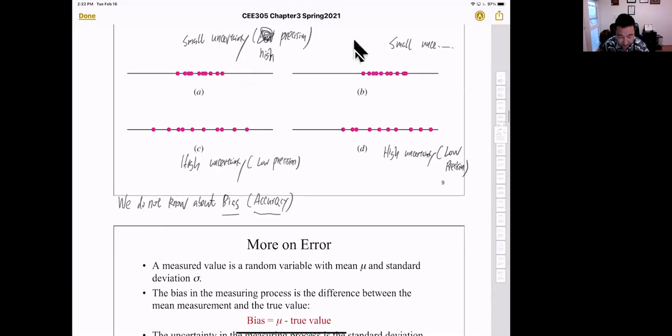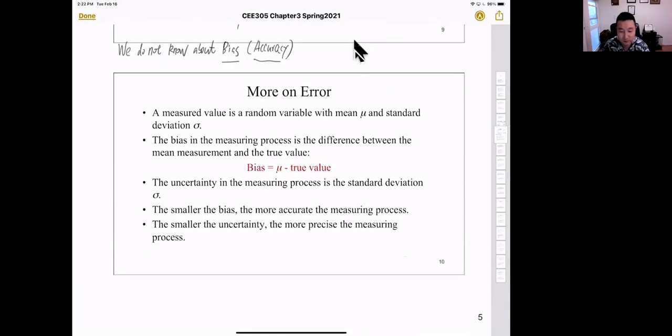So in summary, a measured value is a random variable with a mean value of mu and standard deviation of sigma. And from chapter 2, we know how to calculate the mean value and the standard deviation. Okay, and we also know the standard deviation is kind of measurement of the spread.